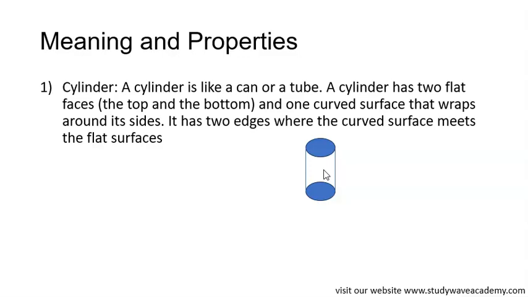A cylinder is a 3D shape with circular bases and a curved surface that connects the two bases. Cylinders are commonly found as cups, cans, gas cylinders. Okay, I'm sure we have seen them before.